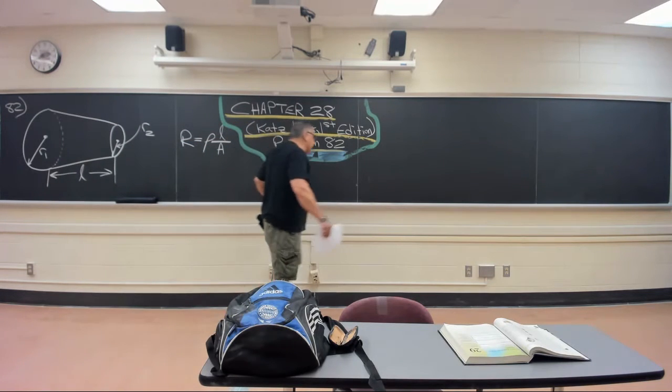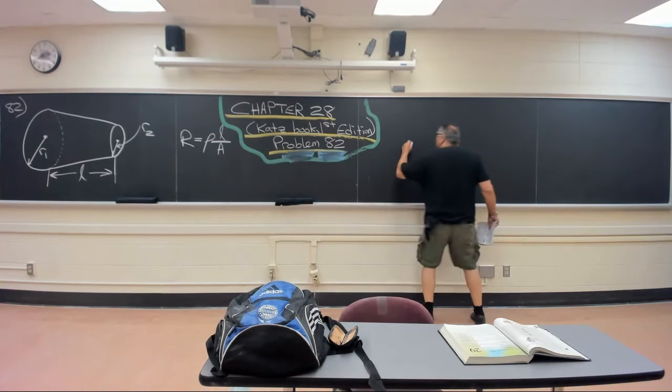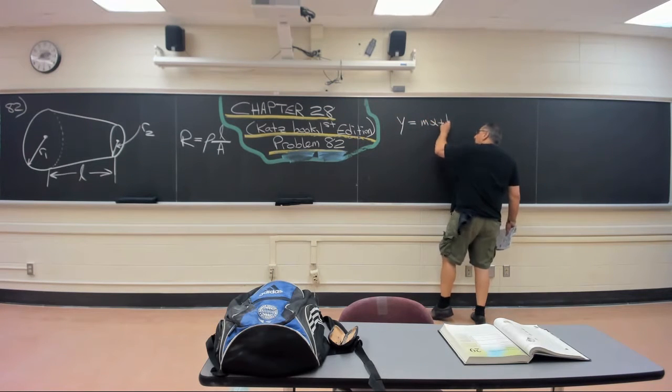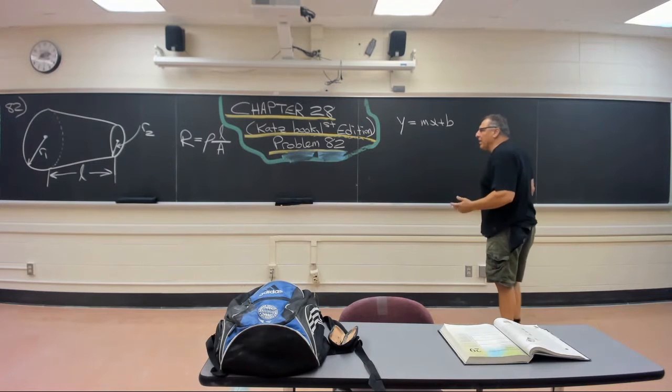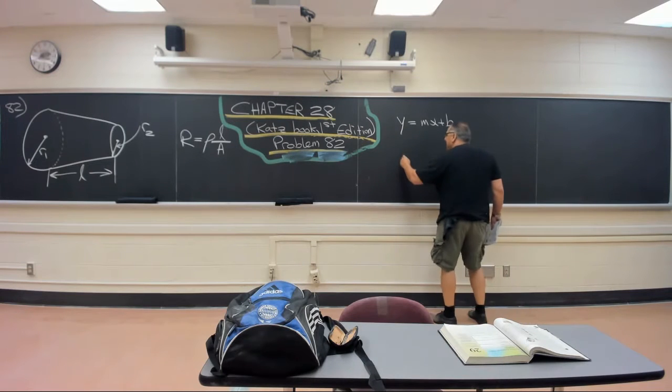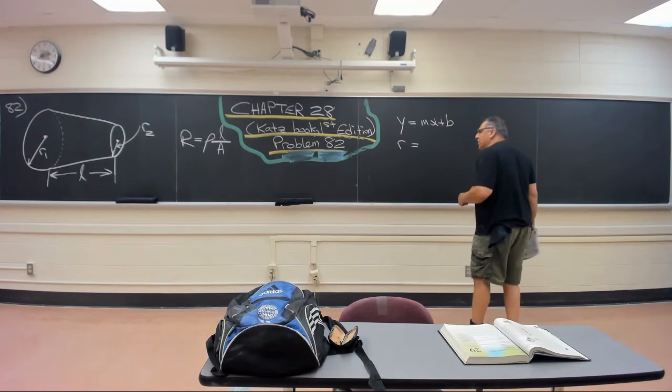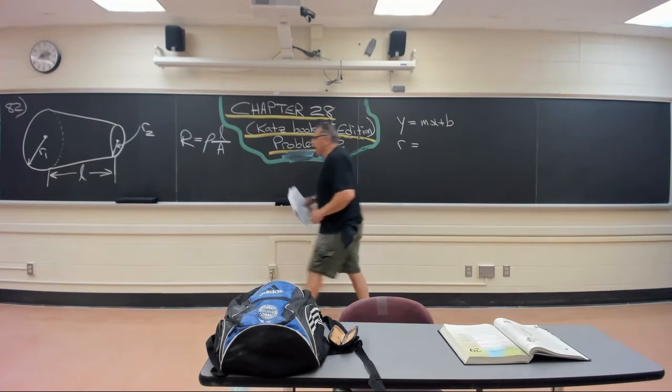I mean, remember, what's the equation of a line? y equals mx plus b. Well, what could I do here? I could talk about the radius as a function of something, and you could say, well, you know what, it's a decreasing radius. Well, what is the slope, I guess you could say?